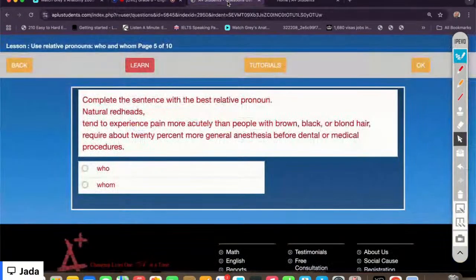Okay, so we have natural redheads, who tend to experience pain more acutely than people with brown, black, or blonde hair, and who require about 20% more general anesthesia before dental or medical procedures.